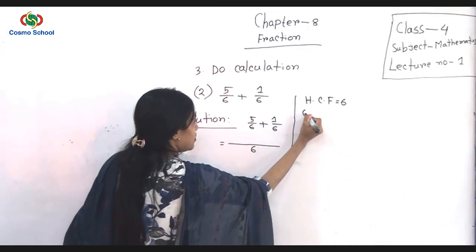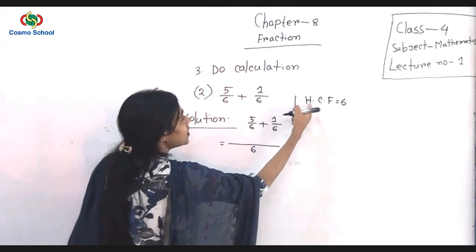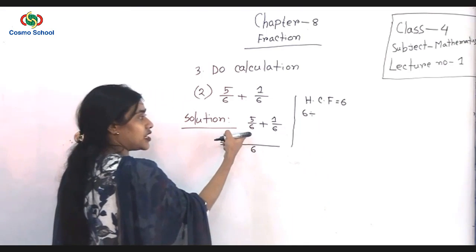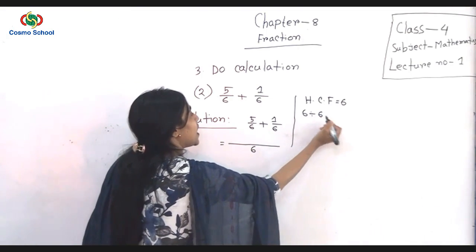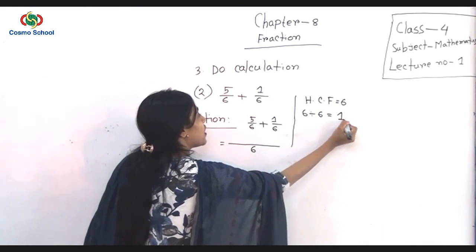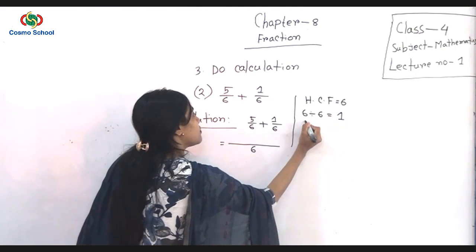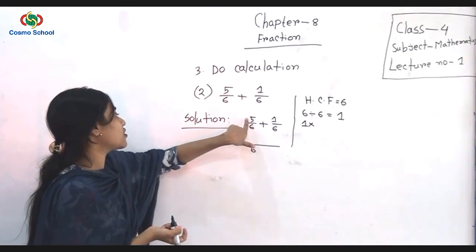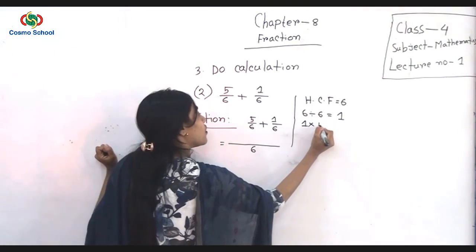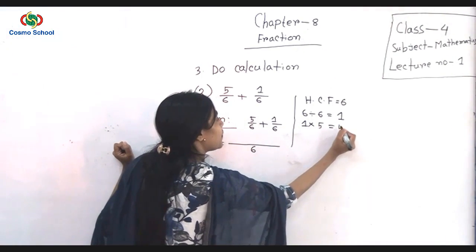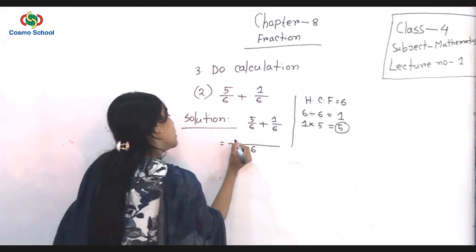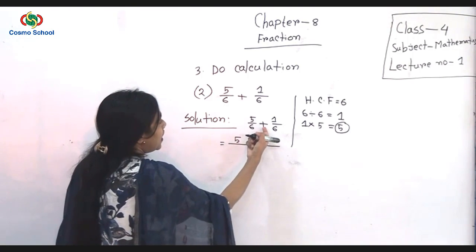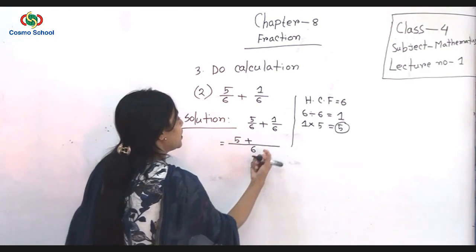This 6 of highest common factor is dividing by the first fraction denominator 6, and I get result 1. This 1 is multiplying the first fraction numerator, that is 5. So I can get the result is 5, and this 5 is putting here and plus sign.